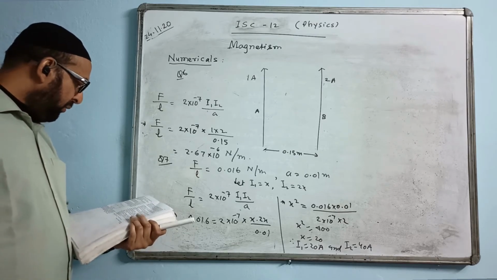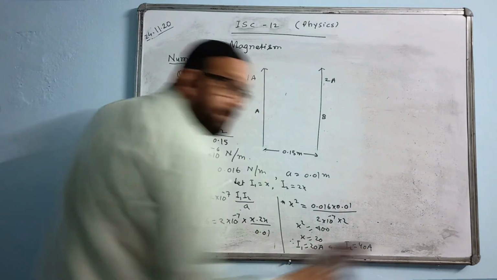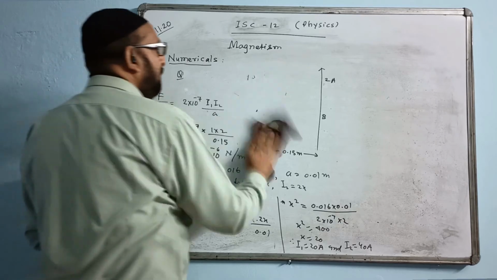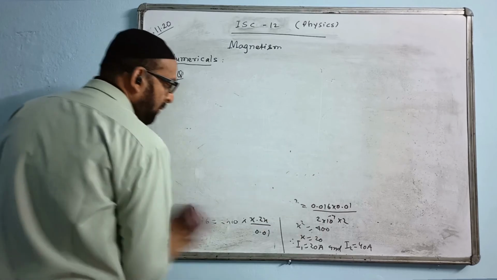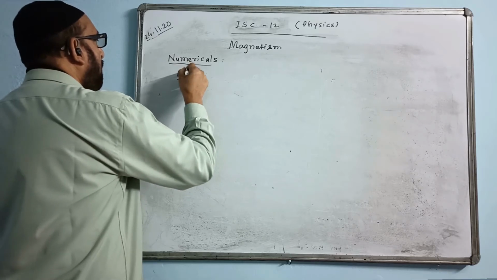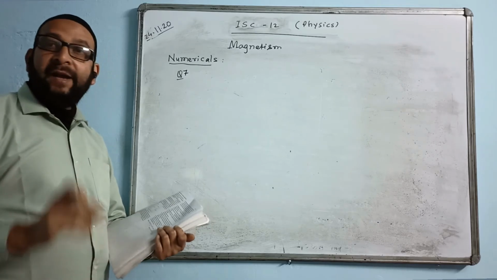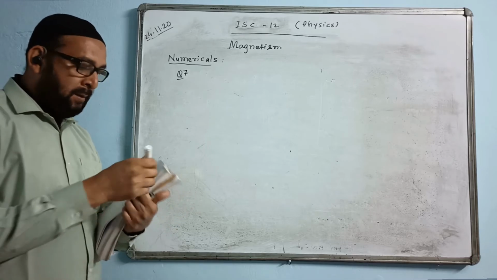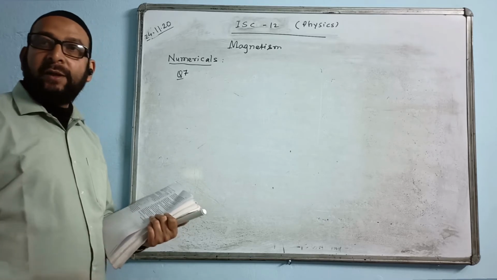Now we are doing another question. Next question. Here the question says a very long wire X, capital X, carries a current of 20 ampere.